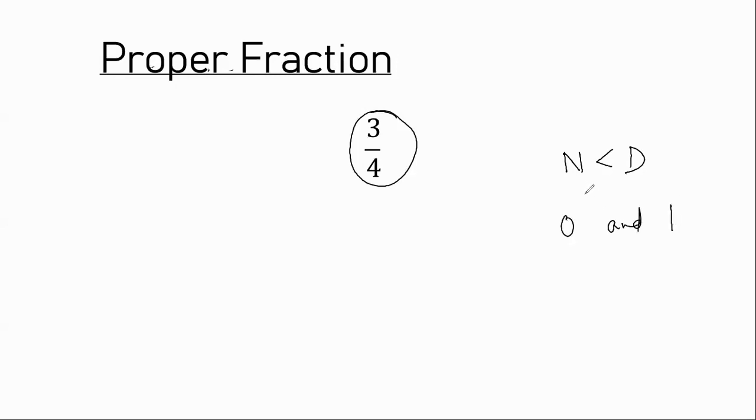When I make a number line like this, there is a 0, and these numbers will always lie between 0 and 1. Also, one very important thing: this is a positive fraction, so that's why it will lie between 0 and 1.